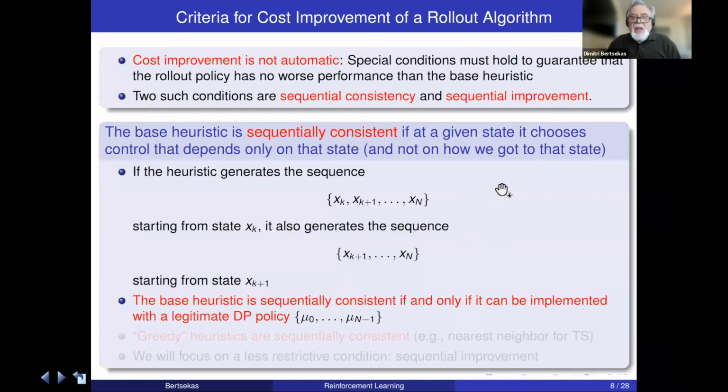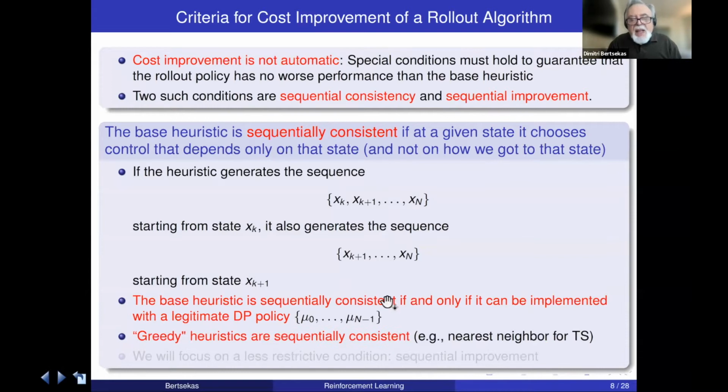And it's easy to see that if the base heuristic is implemented by some legitimate dynamic programming policy that uses a control mu k of xk at state xk, then it is sequentially consistent, because that's what a policy does. And it's also possible to show that this is an if and only if statement. So the sequentially consistent base heuristics are the ones that are represented by legitimate dynamic programming policies.